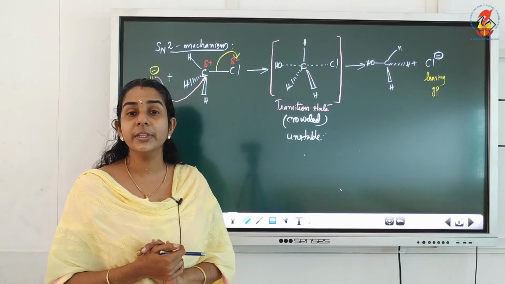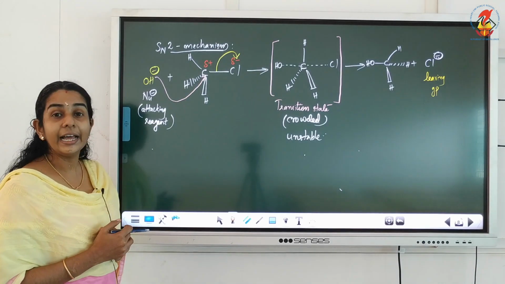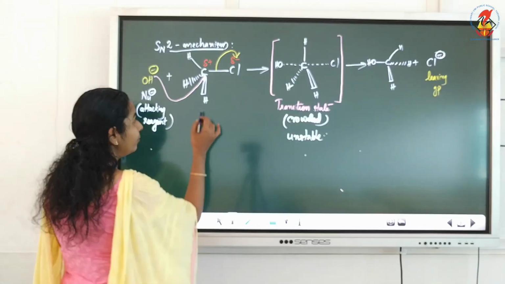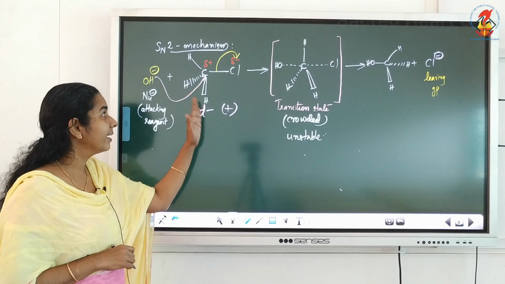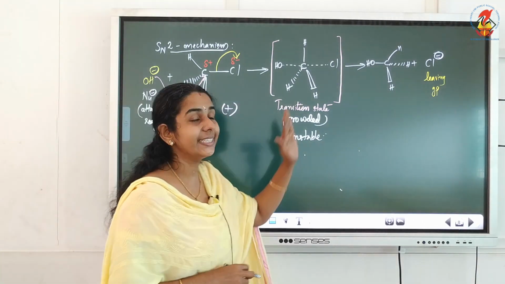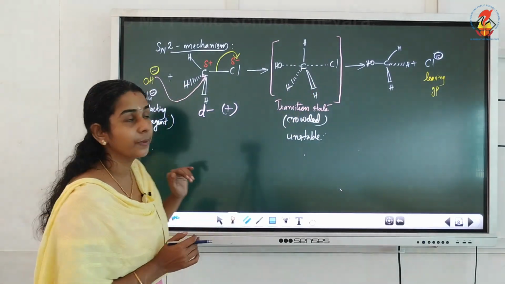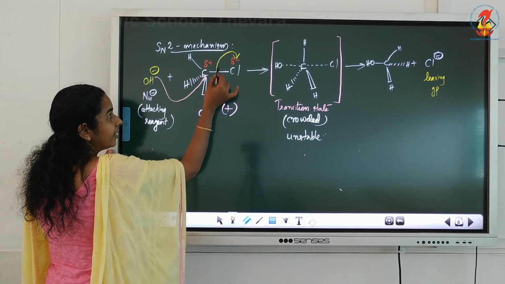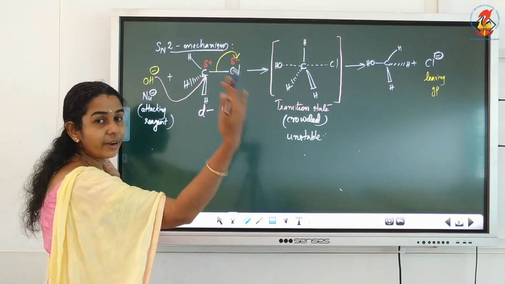Now, when we talk about the stereochemistry of this reaction, if the alkyl halide that we are taking is dextrorotatory, or small d, how are we representing dextrorotatory? Small d or with a plus sign. So, if we take a dextrorotatory alkyl halide, after the attack of the nucleophile from the back side, look at the reactant and the product. Initially, the three hydrogen atoms were on the left hand side, and the halogen CX bond was on the right hand side.